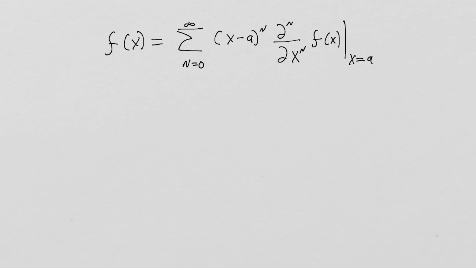And I've written it in a slightly suggestive form because I've taken the nth derivative out, n equals 0 to infinity. I've taken that derivative out and made it look a little bit like an operator acting on f of x, because of course that's sort of how this stuff rolls, we separate that derivative out and we're creating differential operators. So I've written it in a suggestive form that way. But this is your basic Taylor series definition.